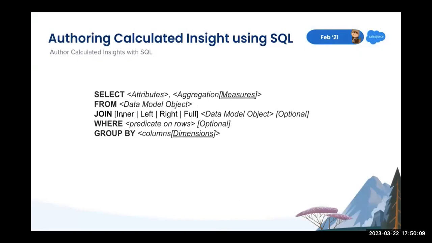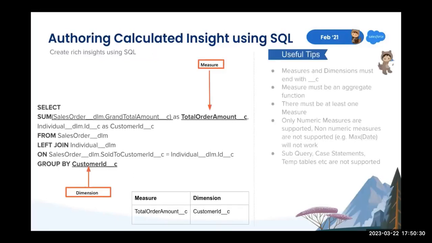We support inner, outer, left, right, and full joins. There is an optional where clause if you want to reduce the population of what gets built within calculated insights. And then you have a group by statement where you define the dimensions on which you want to look into your metrics.